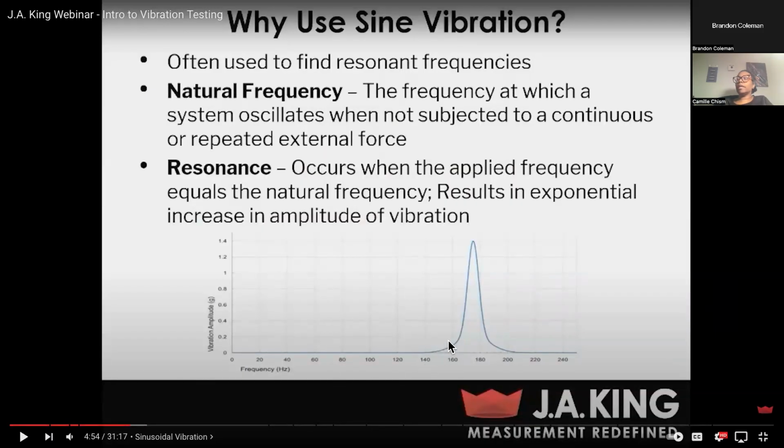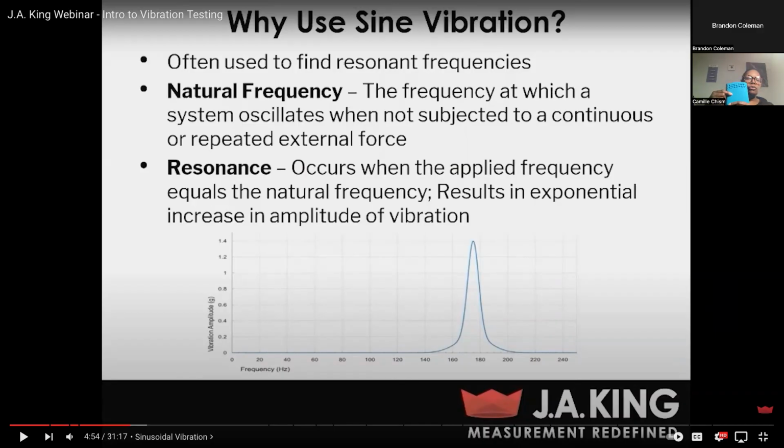So basically what he's saying is when you're in a lab and they're running a test for resonance frequency, what they're trying to do is determine what the natural frequencies are of, let's say this speaker. And inside of the speaker, there may be something that has a natural frequency that is similar to a frequency of a truck vibration, for example.